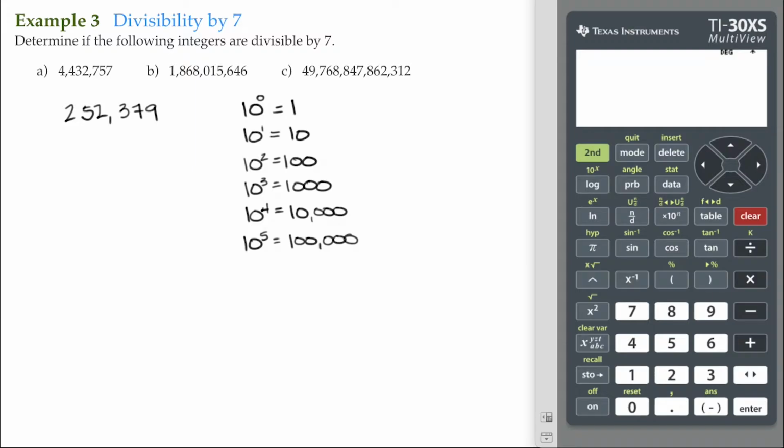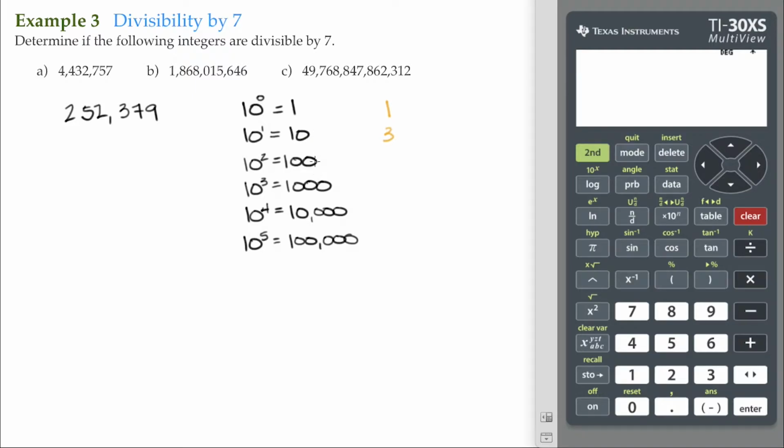Now, if I was to divide 7 into each one of these positions, 7 goes into the first position, the ones position, it'll give me a remainder of 1. If I divide 7 into the tens position, it'll give me a remainder of 3. 7 goes into 10 with 3 left over.